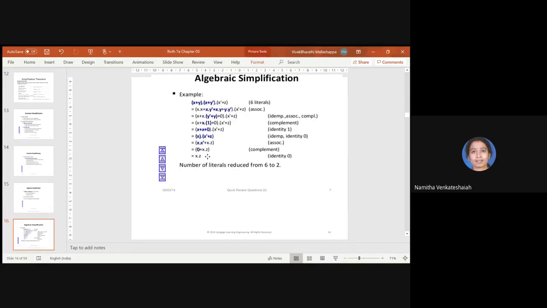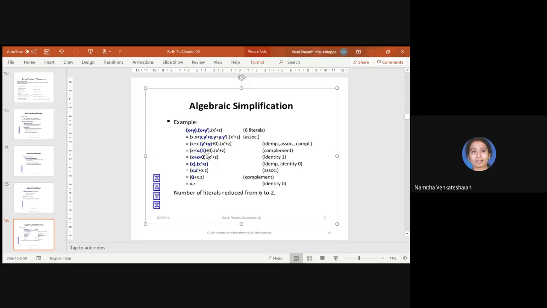I will not explain them; it is the way you solve trigonometric sums or algebraic sums using different types of theorems. Step by step we are going, and finally we are left with only two literals. Using these steps, you need not bother much now.